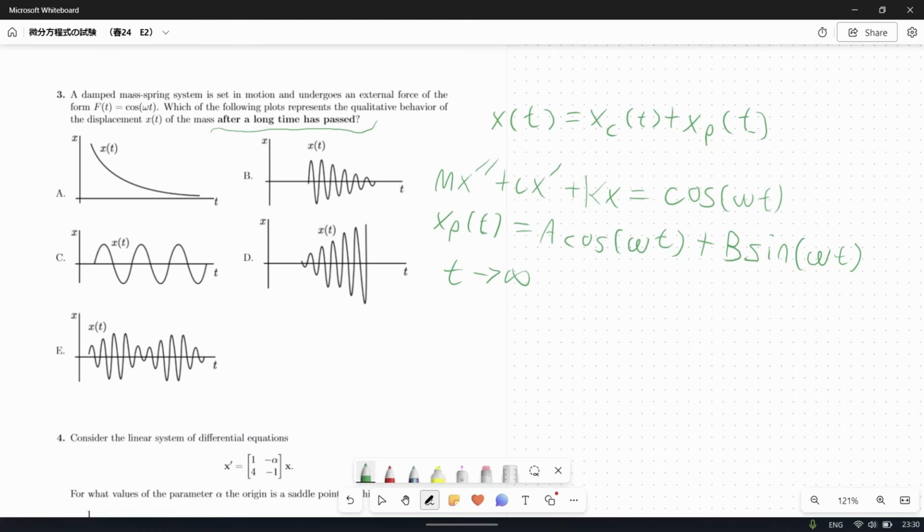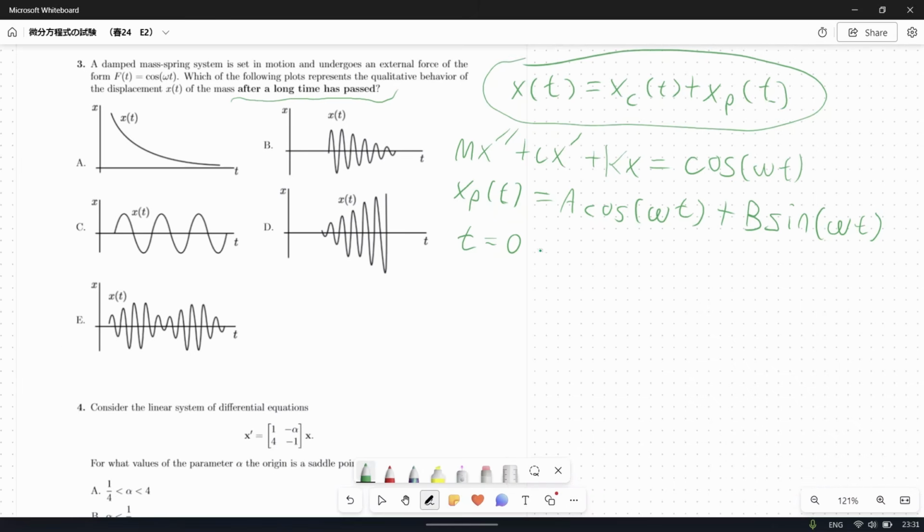So to start, we can say that when t is equal to 0, the general solution behaves like this, where it includes the complementary solution and the particular solution. So x of t is equal to x sub c of t plus x sub p of t.